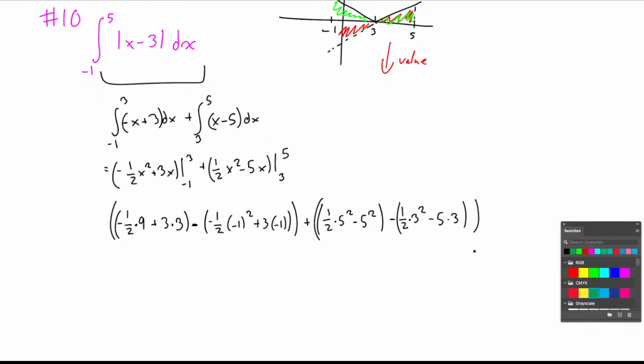This is the not so fun part of calculus. So, negative 9/2.